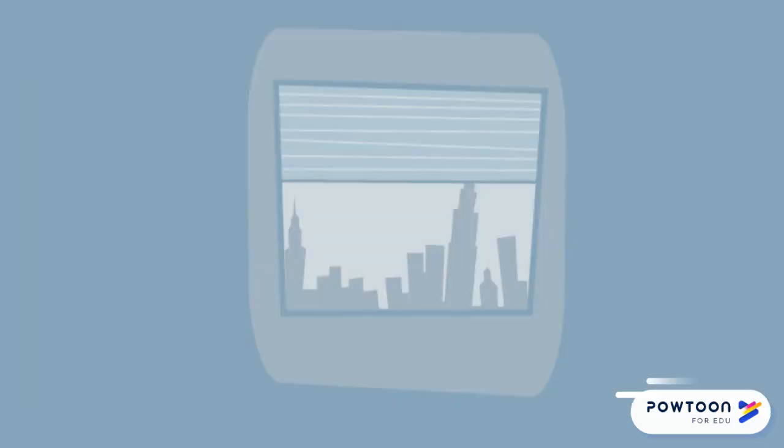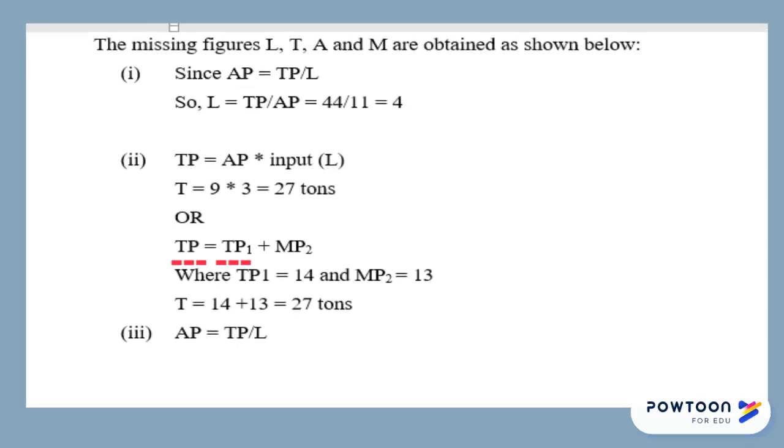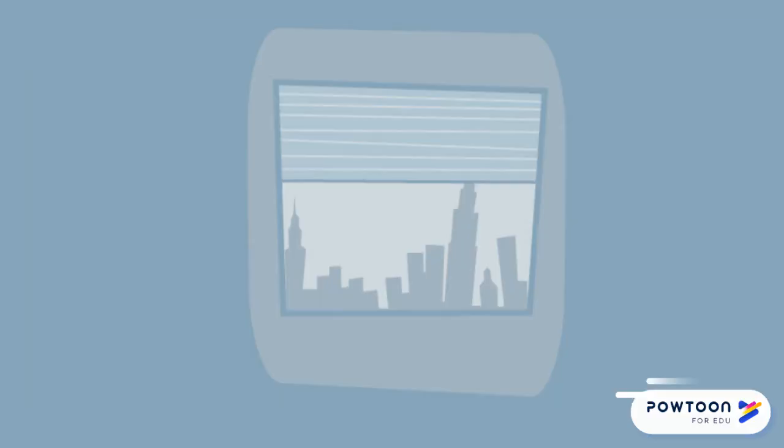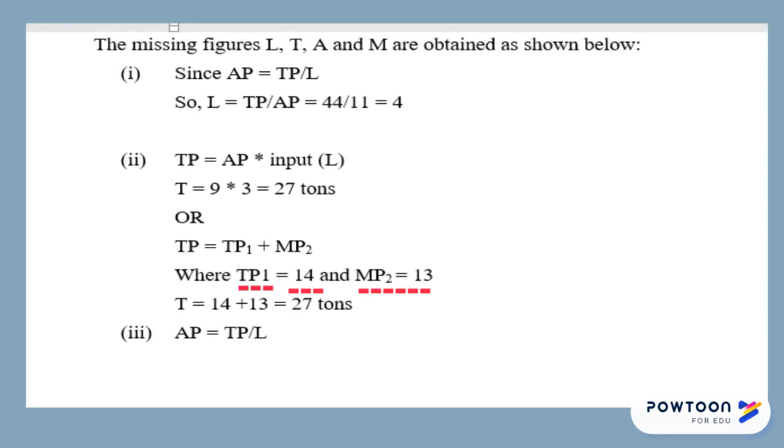Or you can use another method to get total product by adding total product 1, the first level, to marginal product 2, which is: total product 1 is 14 and marginal product 2 is 13. When you add the two, you get 27 tons. That is the value of total product.